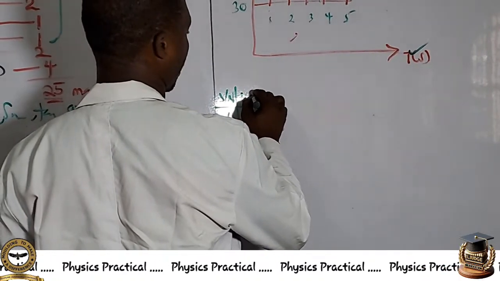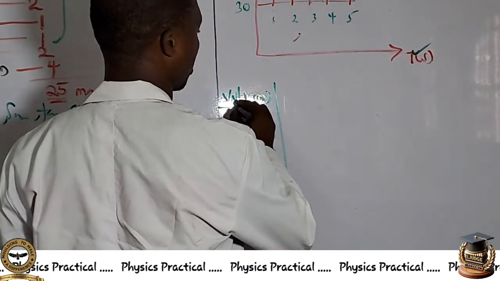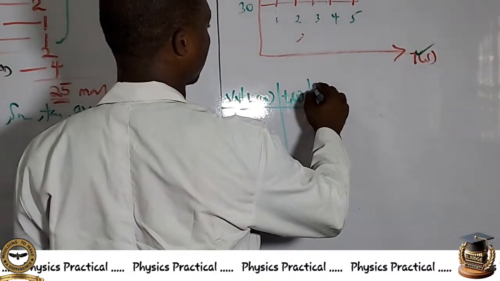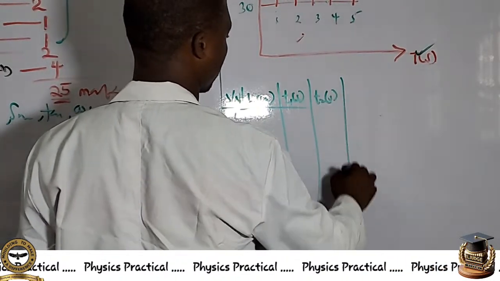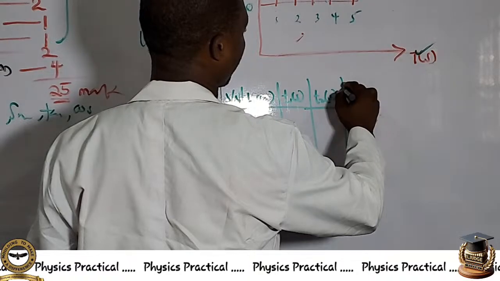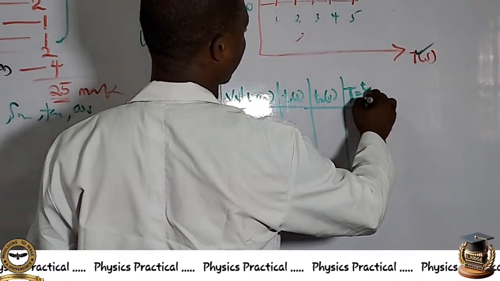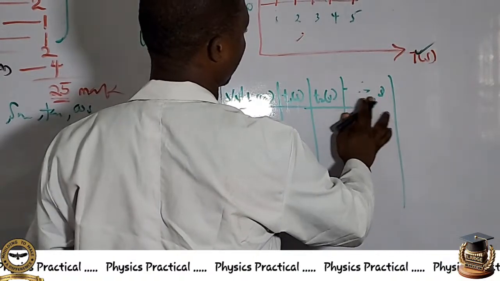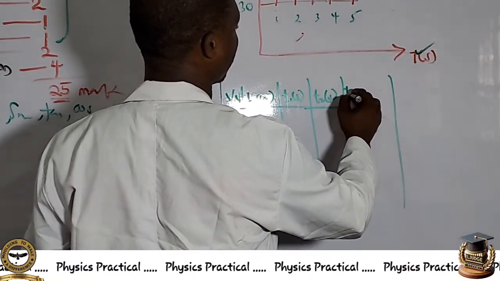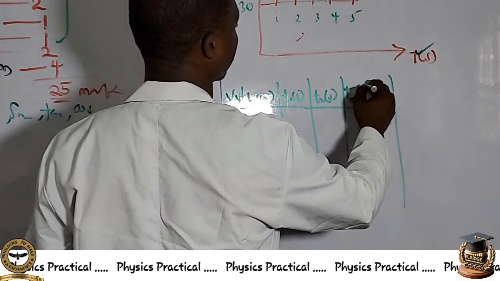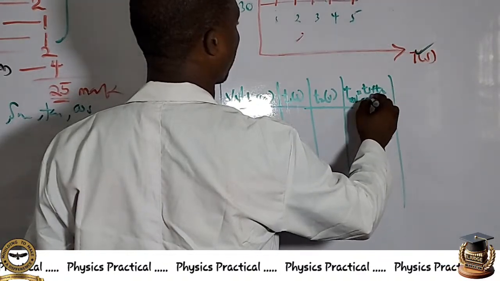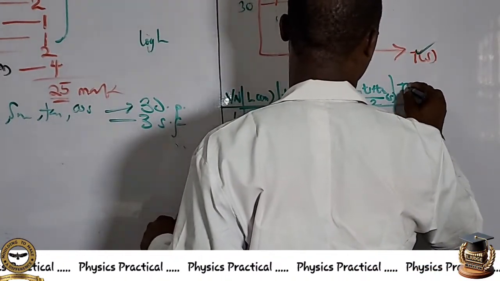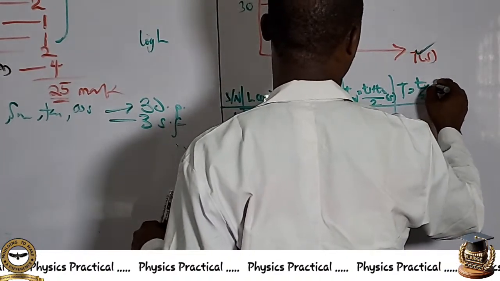Just trying to show the iterations. I have T1 in seconds, T2 in seconds. T average first. You need to get the average: T1 plus T2 over 2 in seconds. Then period, T over 20 in seconds.